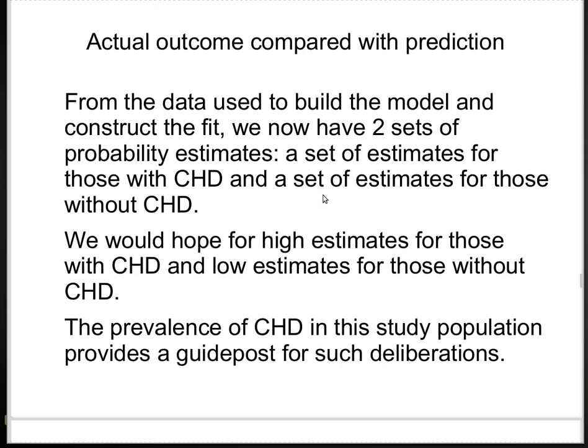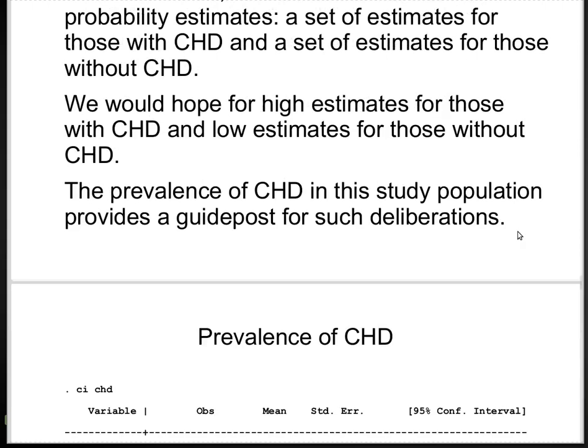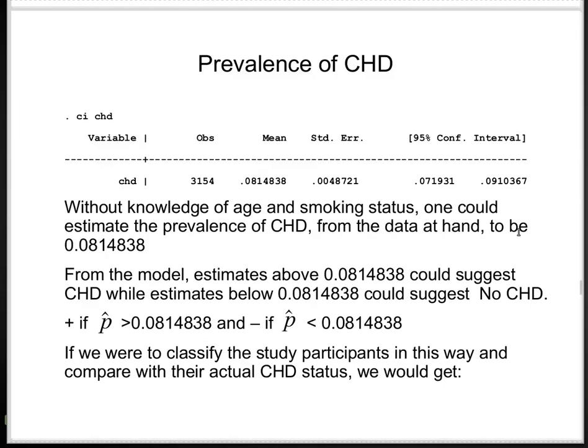Well, one argument could be made that you should choose such a threshold based on the prevalence. Okay? The prevalence of coronary heart disease in this study population, if you have something that you feel is reasonably reliable. Well, it turns out that for this study, the prevalence was a bit more than 8%.